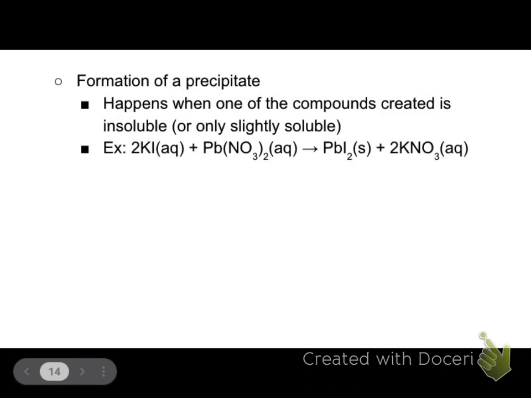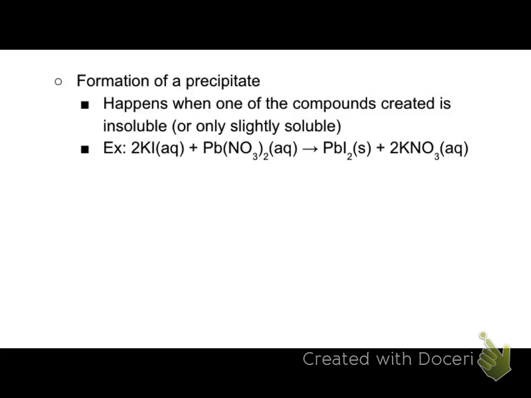An example here would be potassium iodide and lead nitrate. So if you have dissolved potassium iodide and lead nitrate in a solution, what will happen is the potassium will attach to the nitrate and the lead will attach to the iodine. So they will swap places.